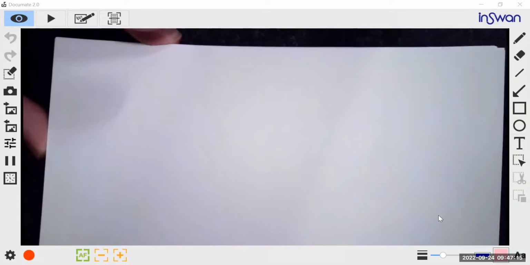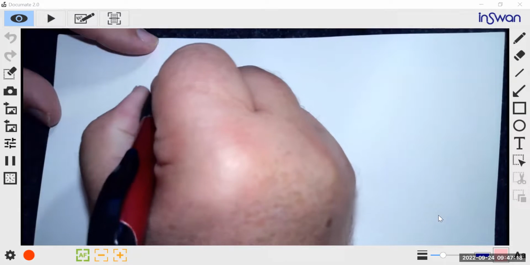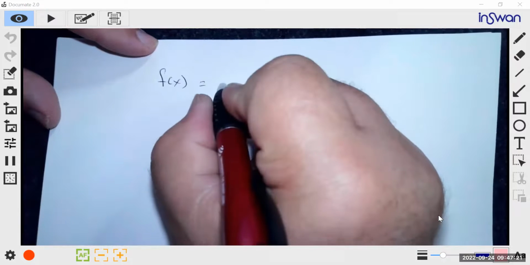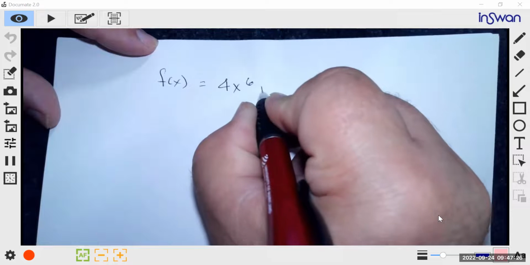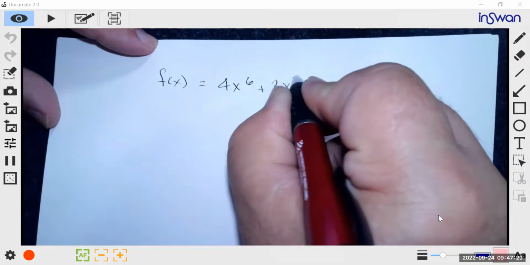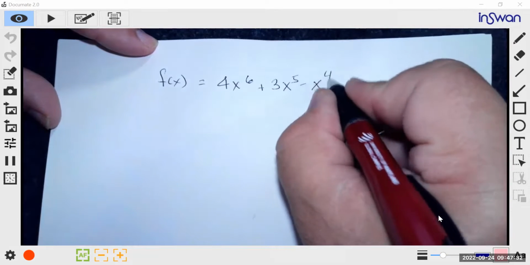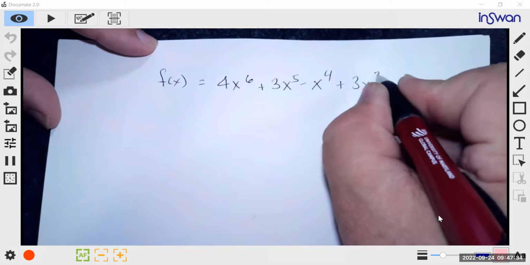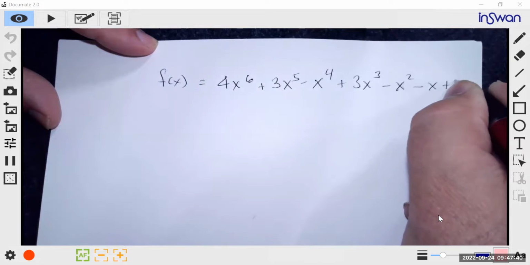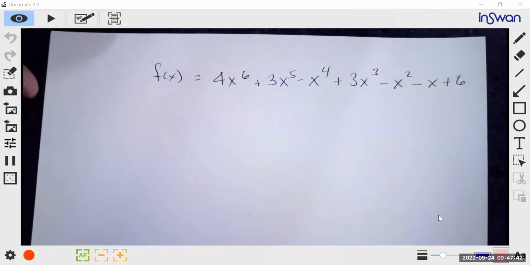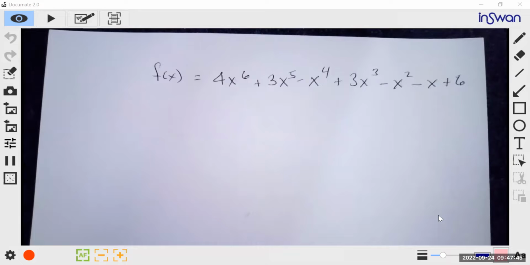So far, so good. Let me give you one. Just rough sketch what this graph may look like.